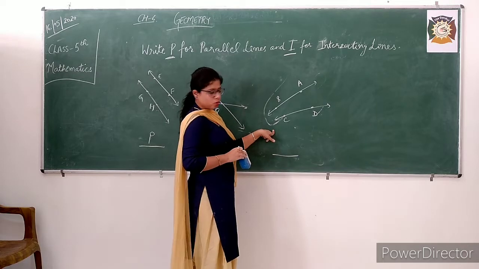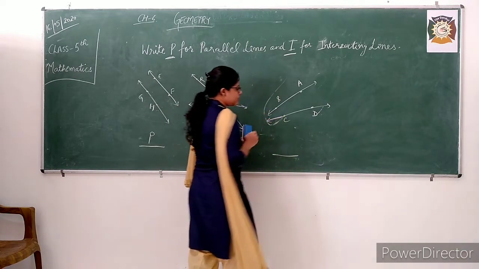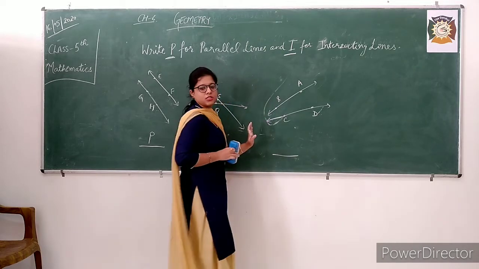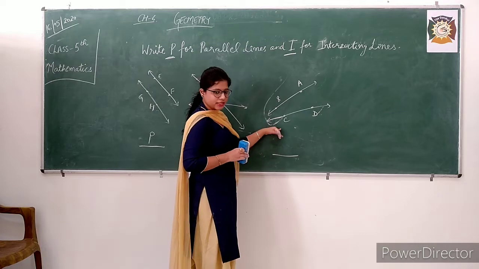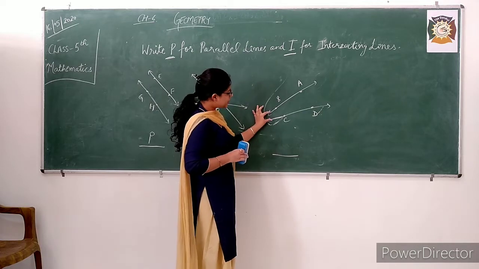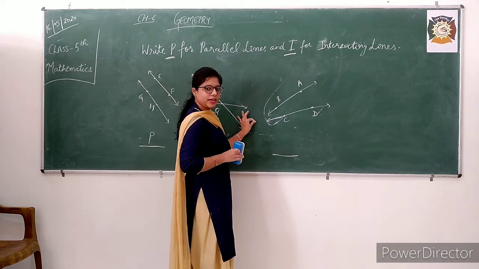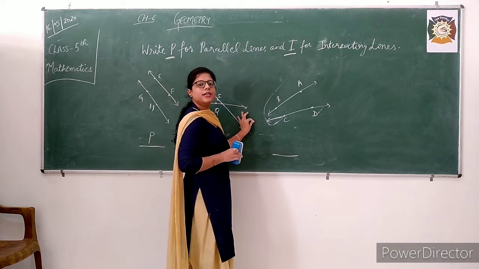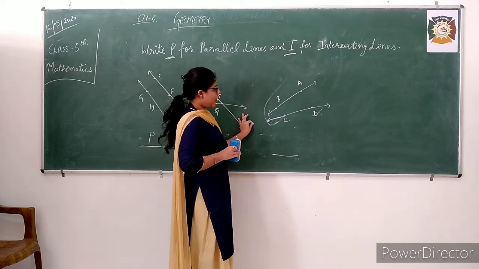Now you may get confused with this question. See, in this you cannot see an intersecting point as such given in the diagram. But if you extend these two lines further, then you will naturally and definitely observe an intersecting point.